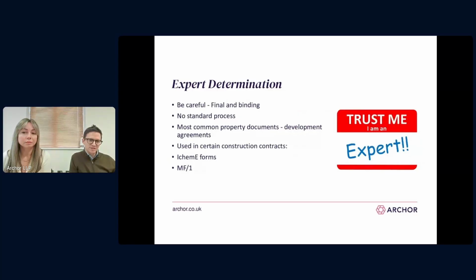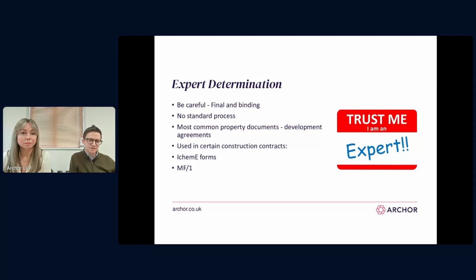The first one's expert determination. Expert determination is a process where a discrete issue or dispute is referred to a named expert who gives a final and binding decision. That's in contrast, for example, with adjudication, where the decision is temporarily binding.